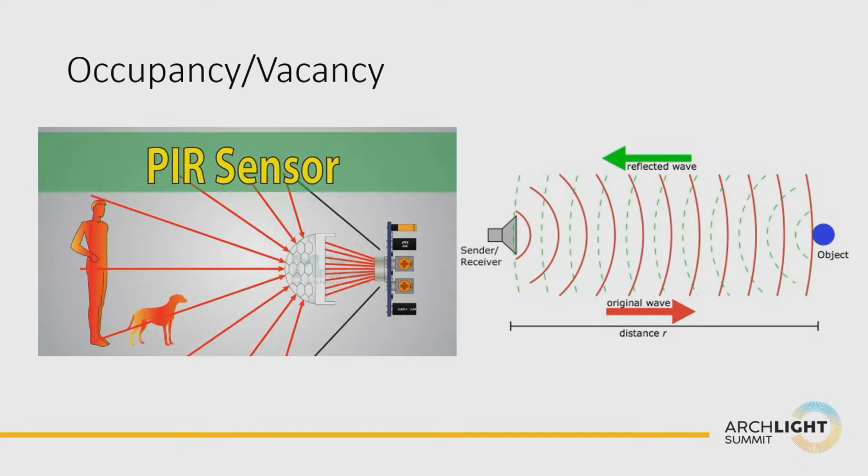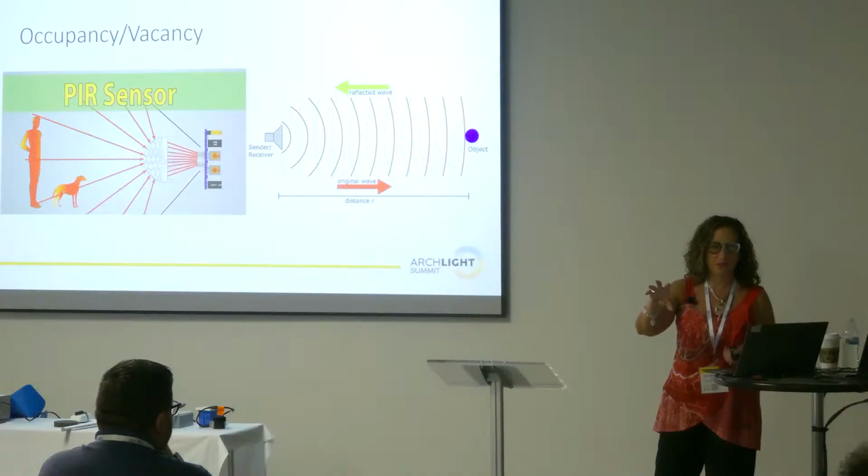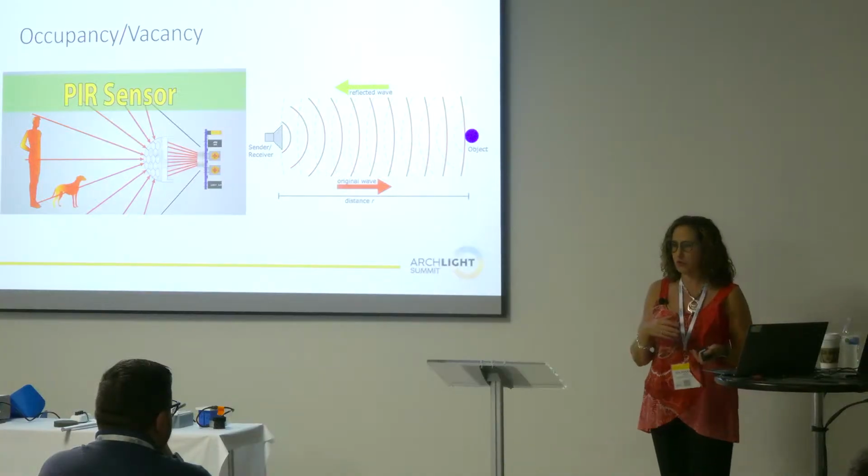And then with ultrasonic, sorry, it's apparently still early for me. Ultrasonic works very similar to the way that sonar works, right? Sends out radio waves, easy for you to say, and depending on what bounces back, determines whether or not the system is empty or occupied.